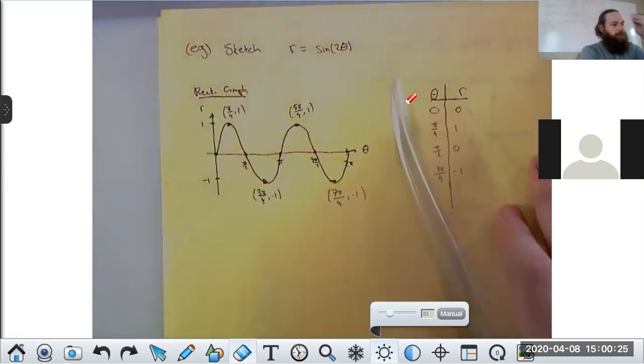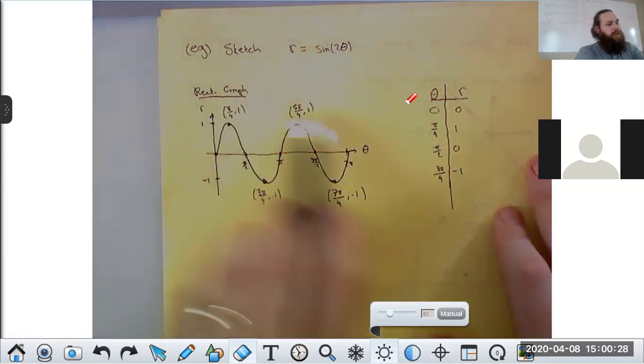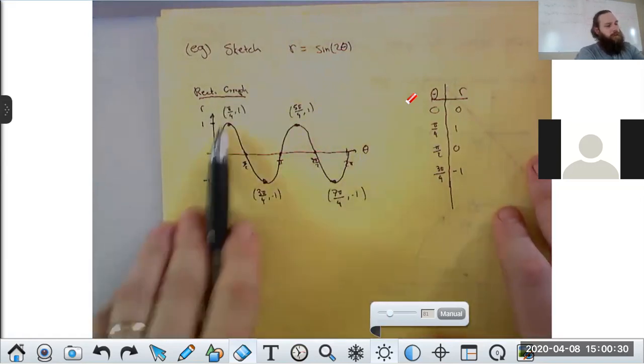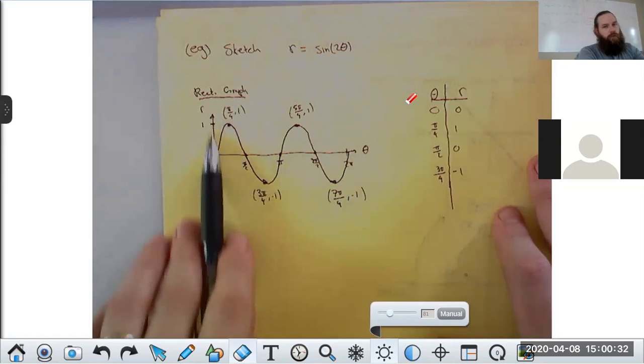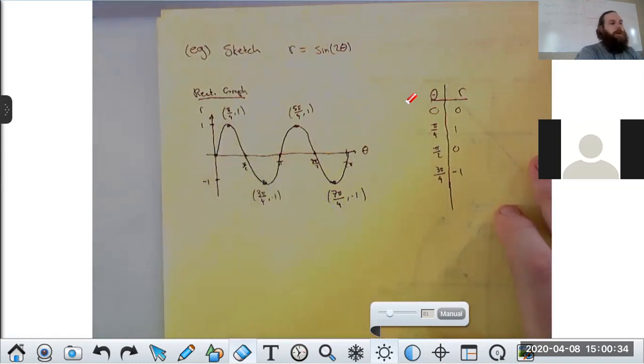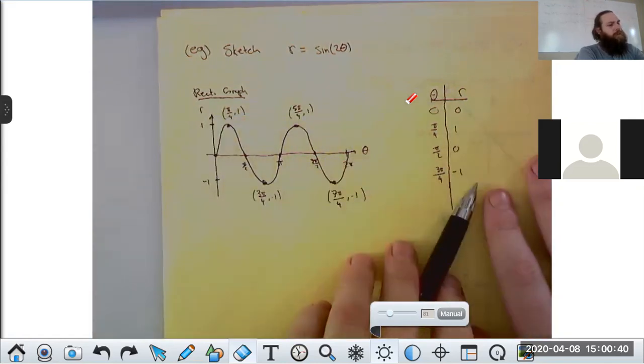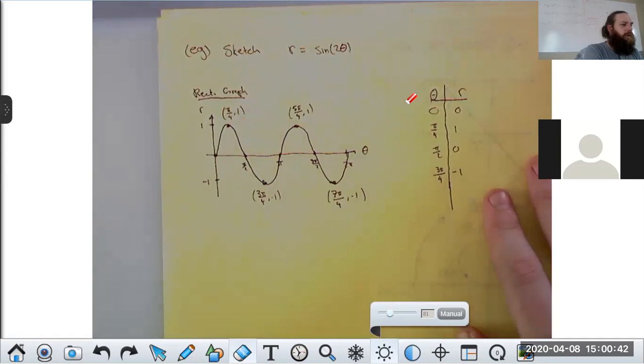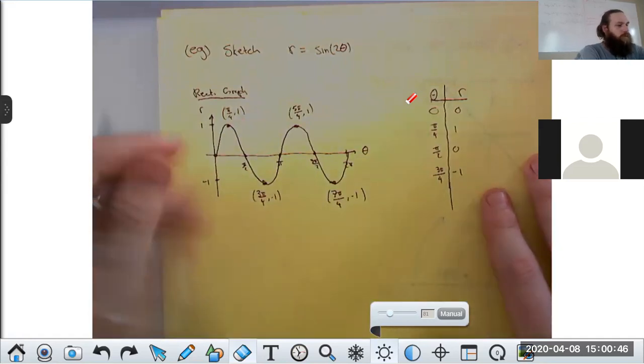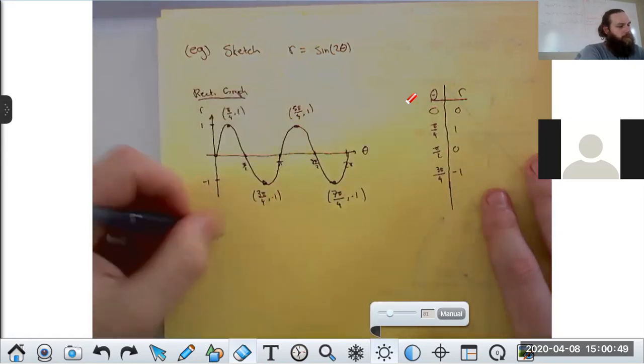But it's nicer to have it organized like this because this also gives you information about rate of change, increasing, decreasing. It gives you a better feel for it than the table. So think of this as having the same value as the table, plus a little bit of added value, giving you a kind of visual representation. And then we can transfer the rectangular coordinate graph over into a polar graph.